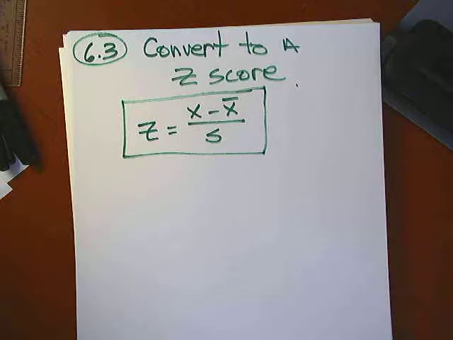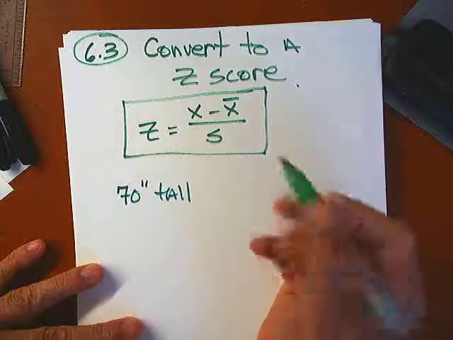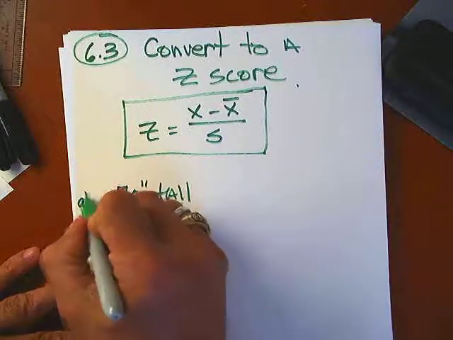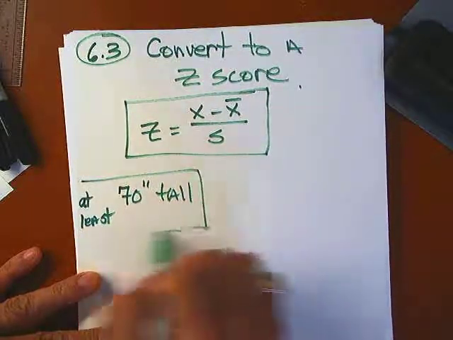We've done it before. We did it at the end of Unit 1, and you shouldn't have a problem doing it. X minus x bar over standard deviation. So 6.3, the only difference with 6.3 from 6.2 is you have to convert to a z-score first.